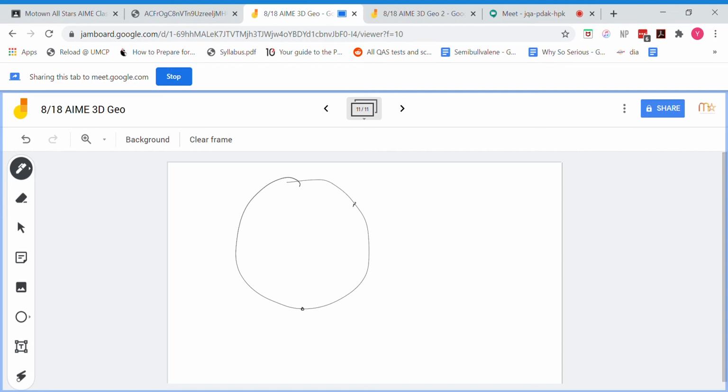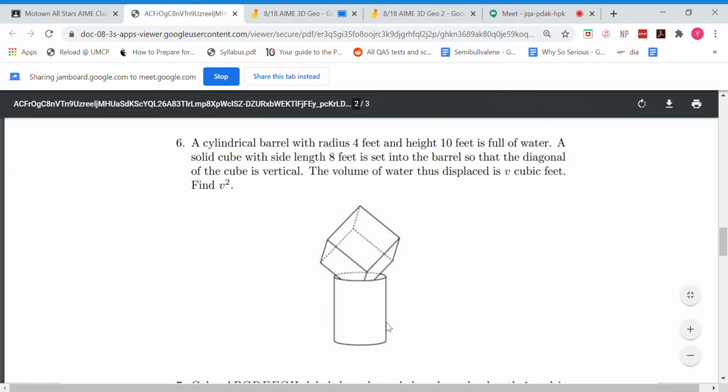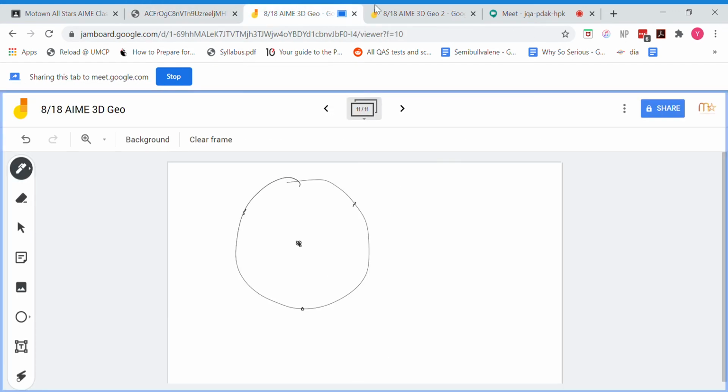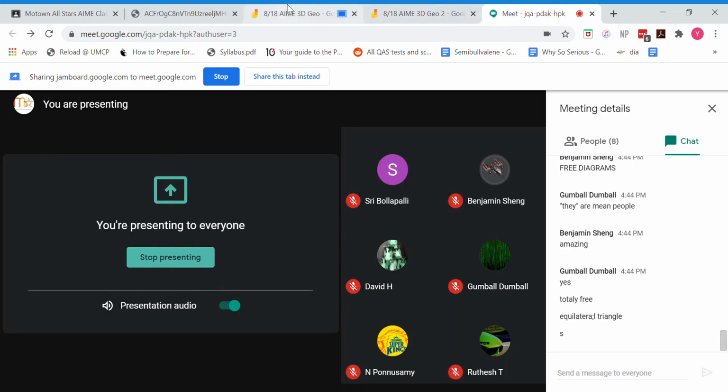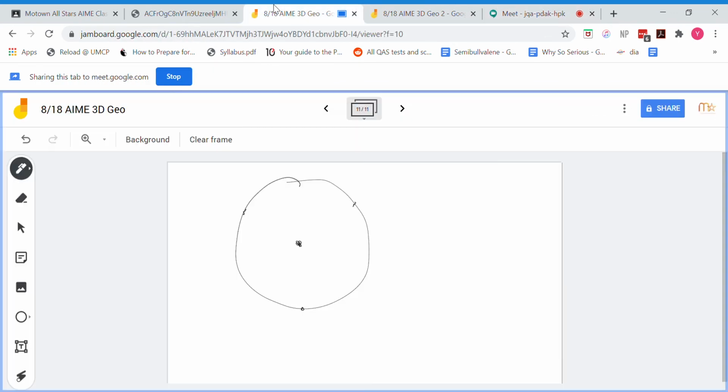And since all these 3 points are symmetric about the center, notice that because the diagonal of the cube is vertical, it's not too far to assume that the diagonal of the cube is directly through the center of the cylinder. And so this point right here must obviously be the diagonal of the cube, since we're looking at a projection, and so it makes sense that these 3 points form an equilateral triangle simply because they're symmetric.